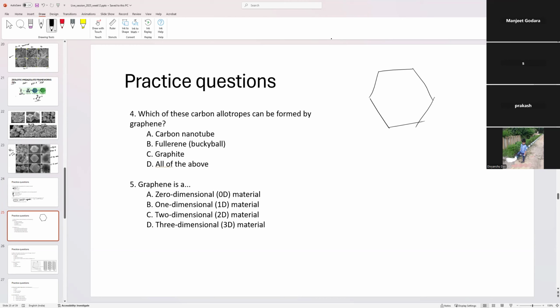If you roll it up, there can be defects as well in graphene.